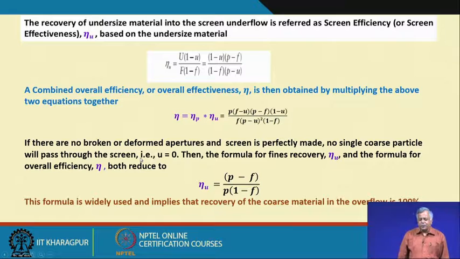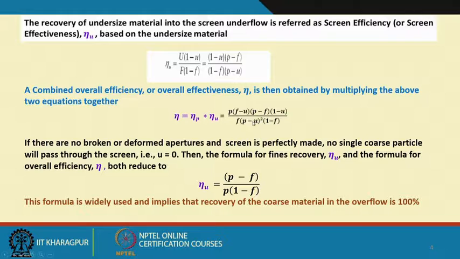So, that means small u is equal to 0, that means there is no chance that any particle coarser than your aperture will report to your undersized fraction.